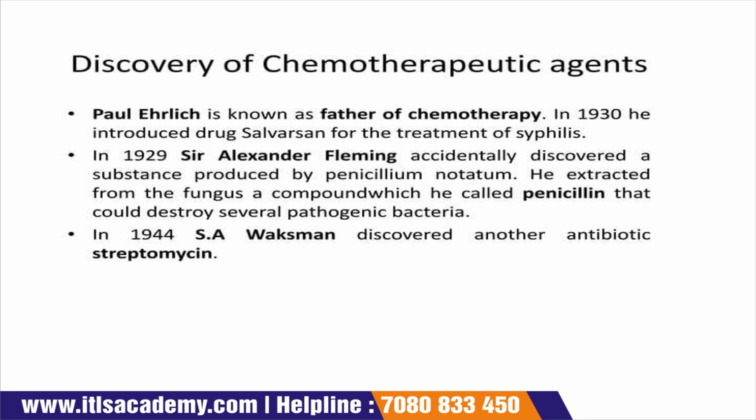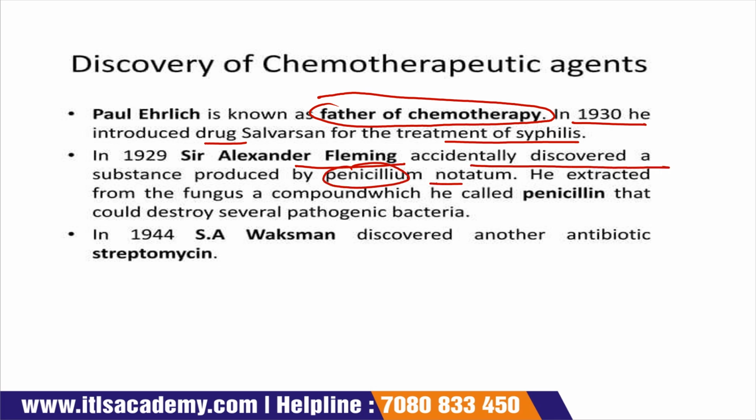Discovery of the chemotherapeutic agents. Paul Ehrlich is known as the father of chemotherapy. In 1910, he introduced a drug, salvarsan, for the treatment of syphilis. And in 1929, Sir Alexander Fleming accidentally discovered Penicillium notatum.